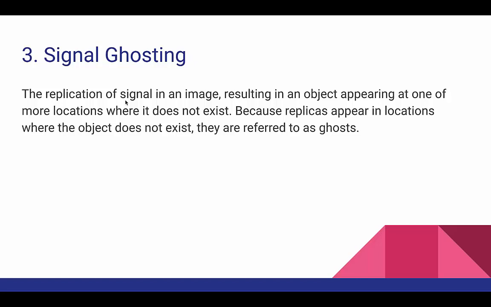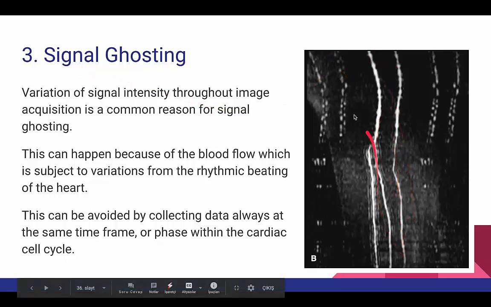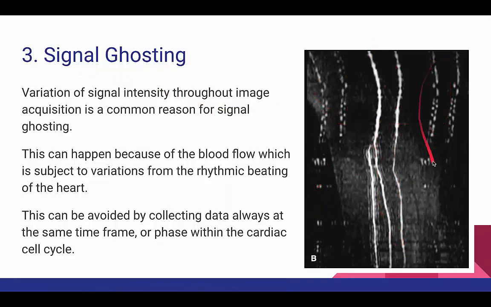We have something that we want to look at, but that somehow gets replicated and appears on different locations in the image. Since they're not actually there, we call them the ghost, hence the name signal ghosting. Here I have a very good image of that. You can see this is the real deal we want to see, and here you see these ghosts.